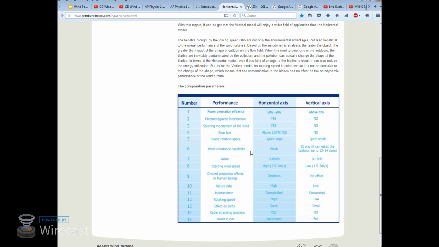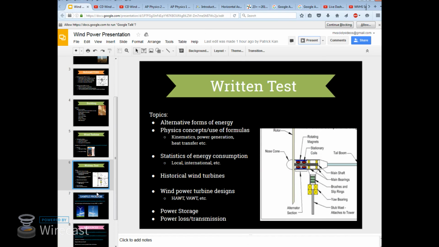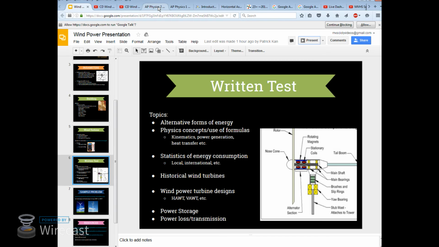What I would do is copy this image, but make sure you thoroughly look through it before you copy the image and paste it into your notes so that you have this chart which will give you the pros and cons of having a horizontal or vertical axis wind turbine. That's how you're going to be building up your notes.